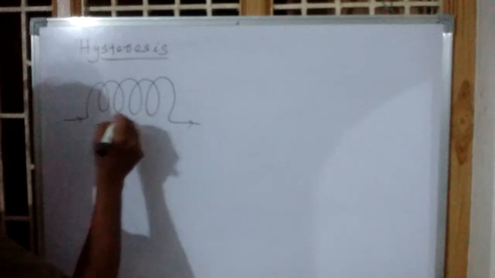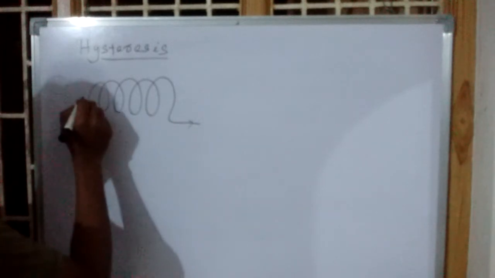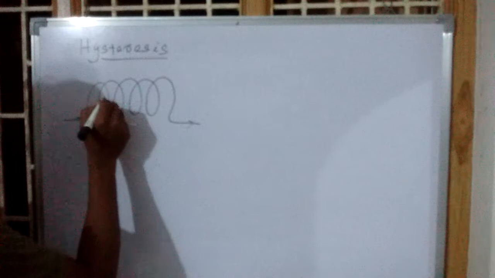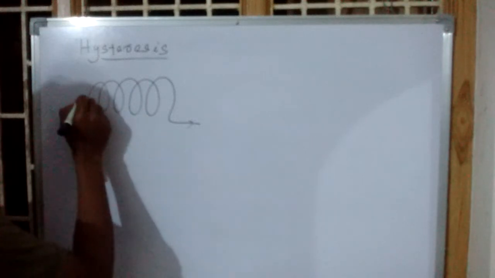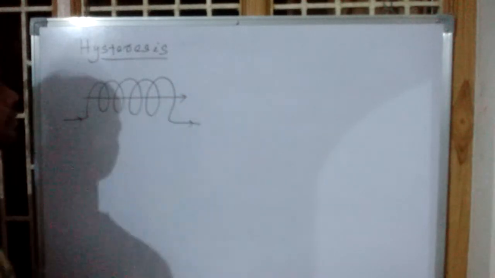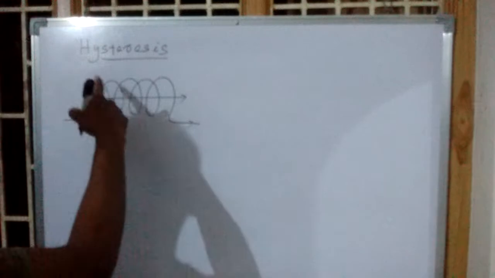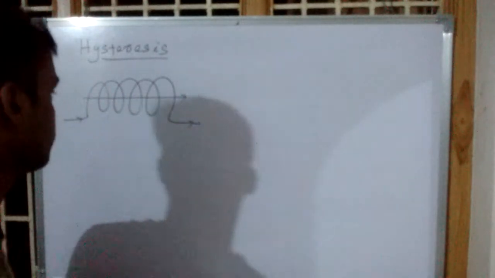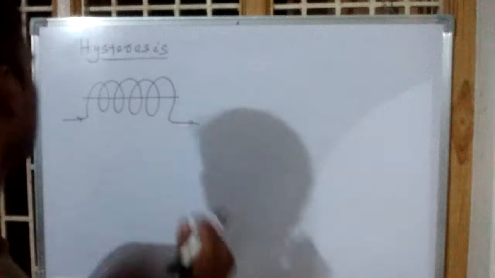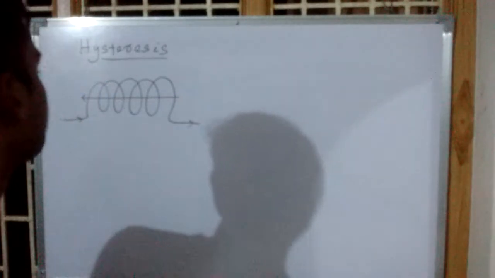As you know, through the axis of the solenoid there is a very strong magnetic field. Okay, I think it is opposite in direction. Whatever, it is opposite in direction.